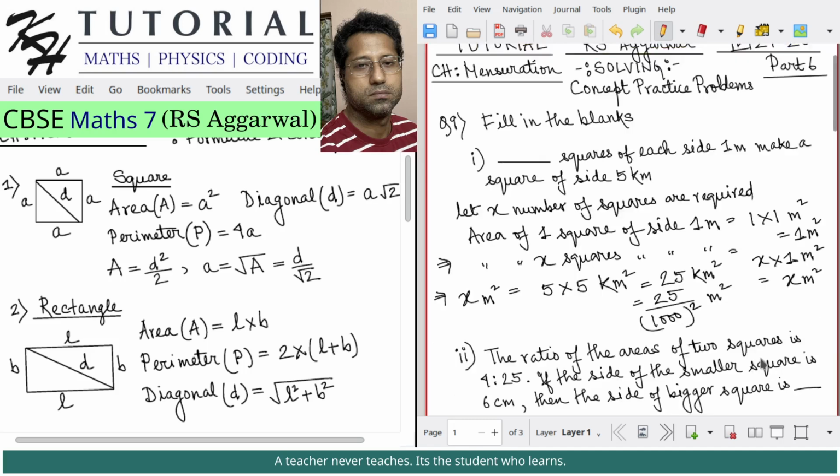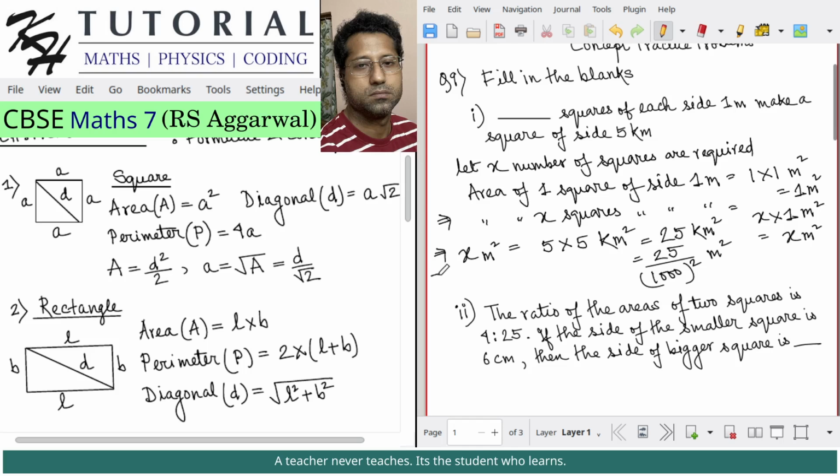So x will be equal to 25 divided by 1000 multiplied by 1000. Now you must be very familiar with the conversion of units of perimeter and area.